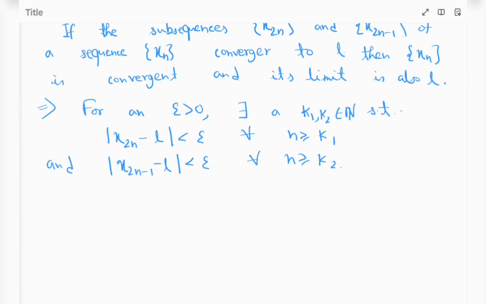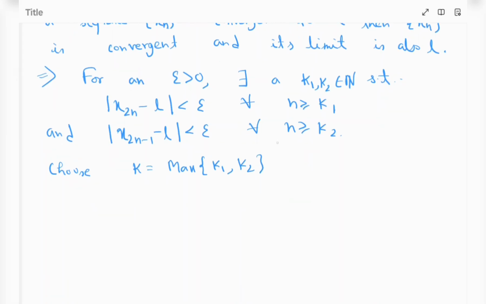Now what you have to choose: you know how to find the intersecting region, right? So choose k equal to max of k1, k2. Then, basically this is the maximum.